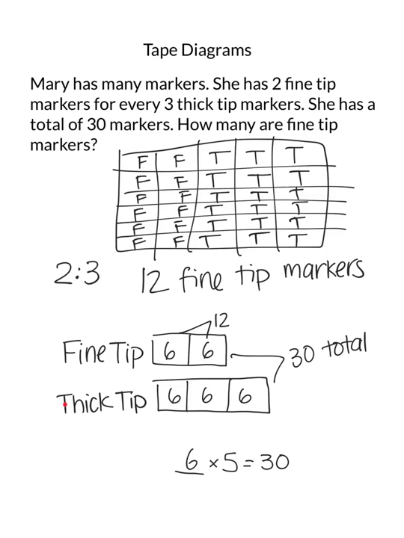I would say this one is a little bit more efficient when you're getting up to bigger numbers. Like for example, if Mary had 1,000 markers, it would take you a really long time to draw a picture like this where you drew all 1,000 markers. It would be much faster to use this method here. So with the smaller numbers, this works too. They both work, but this one is much faster.